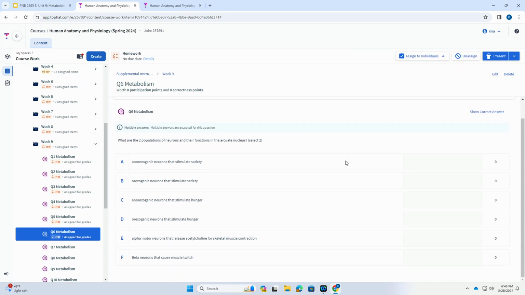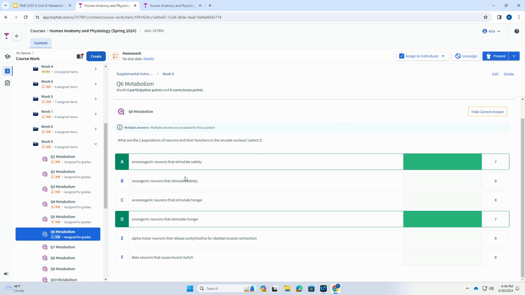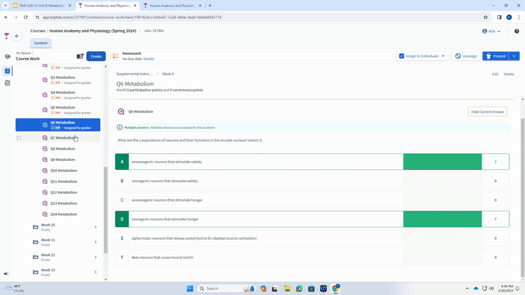What are the two populations of neurons and their functions in the arcuate nucleus? And you can select two. Yeah, you guys got it. I feel like I've drilled that, so keep going.